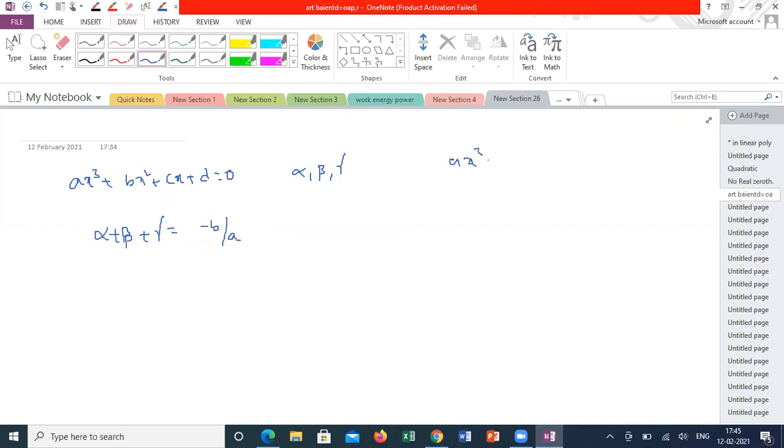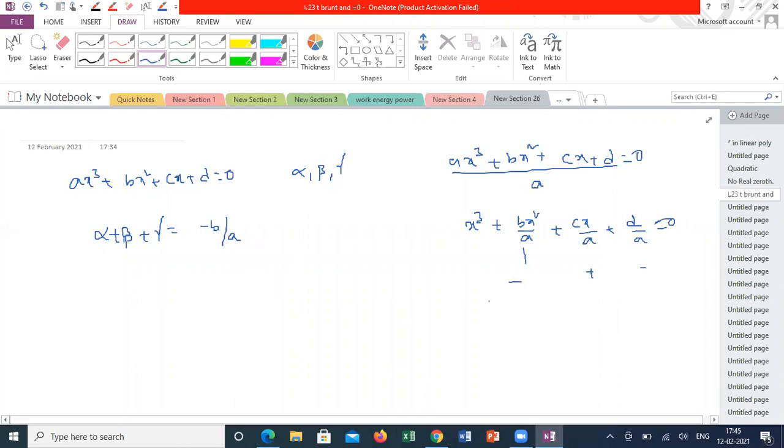So I divide the whole equation by a: x cube plus bx square by a plus cx by a plus d by a. This is negative, this positive, this negative. So this will give alpha plus beta plus gamma, this will give alpha beta plus beta gamma plus gamma alpha, and this is alpha beta gamma.